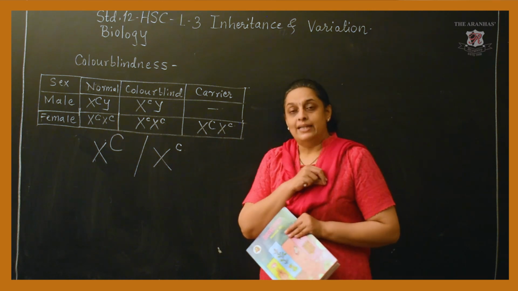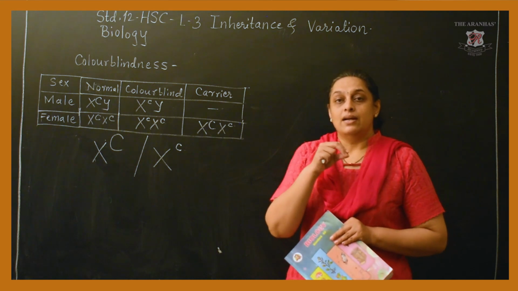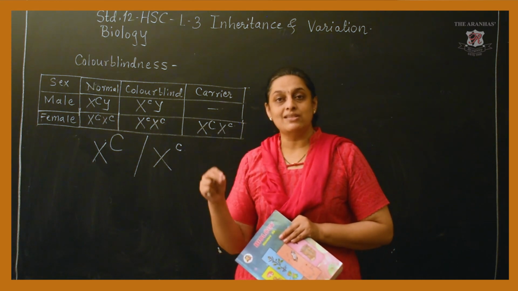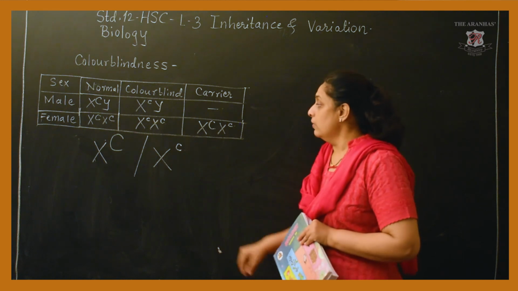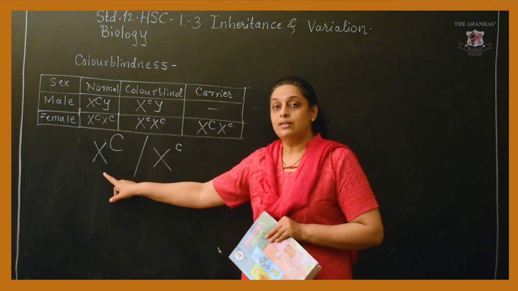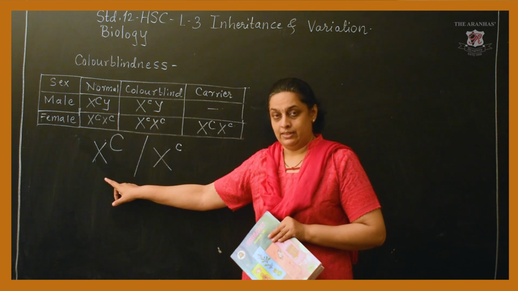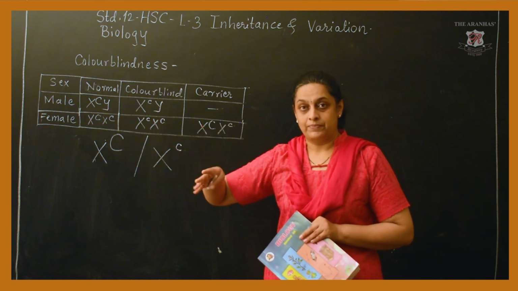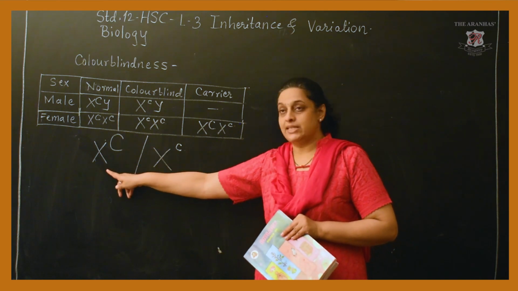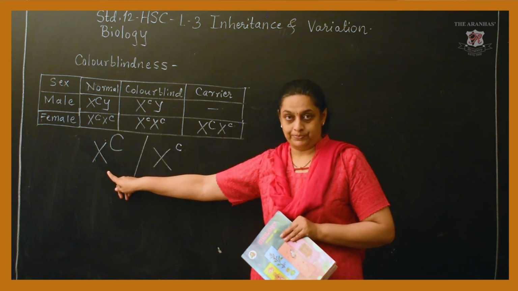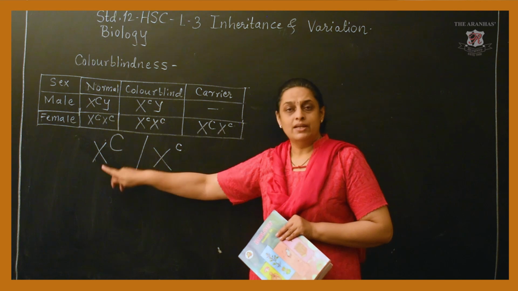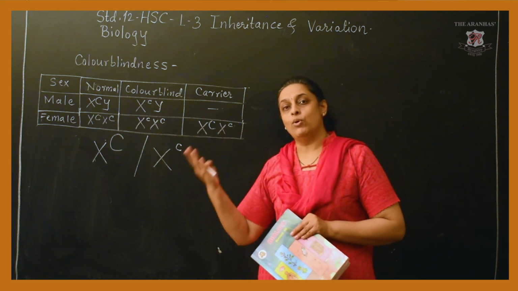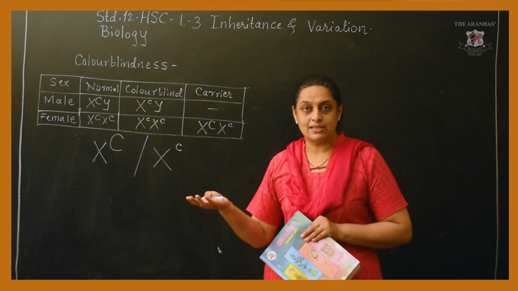Now, let's see how this color blindness is inherited and which genes are responsible. The gene for vision, where we can distinguish between the colors, is present on the X chromosome, which is present both in males and females.